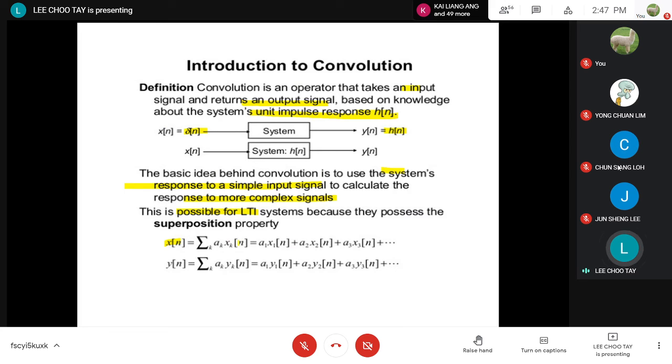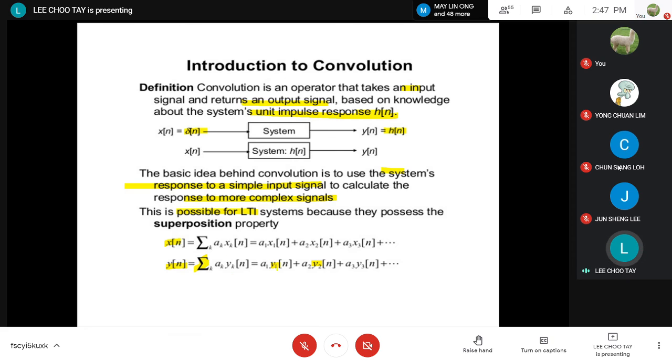If I expand the equation, I can write it as a1 x1[n] + a2 x2[n] and so on. And y[n], which is the output of the system, is again a sum of a set of outputs. Since this is discrete, I use a sum to represent it. Expanded, it is the sum of y1, y2, y3, and so on, multiplied by the coefficients a.